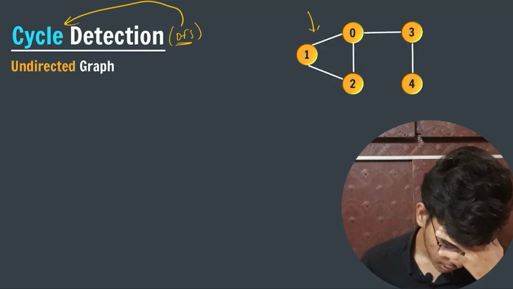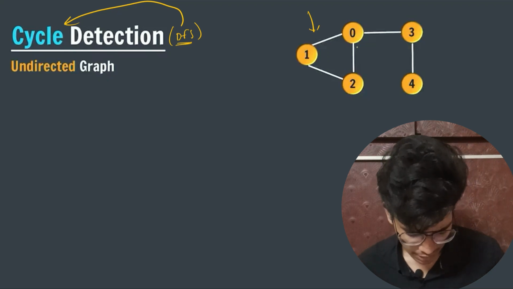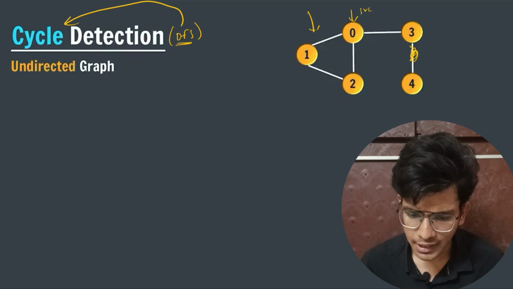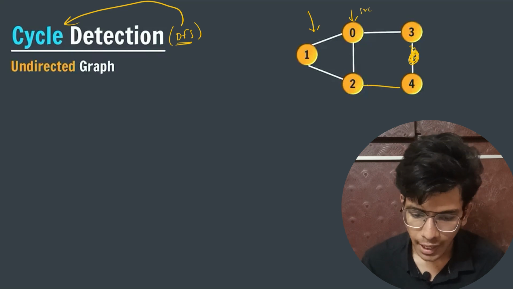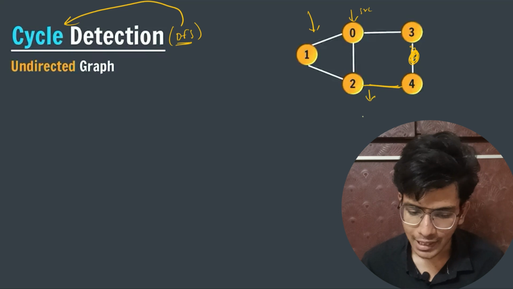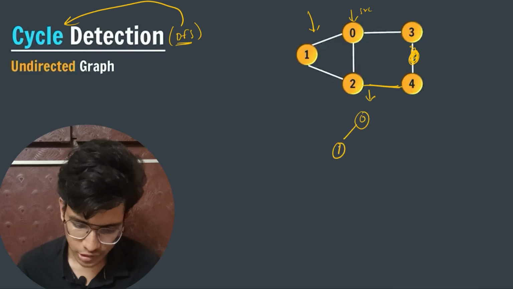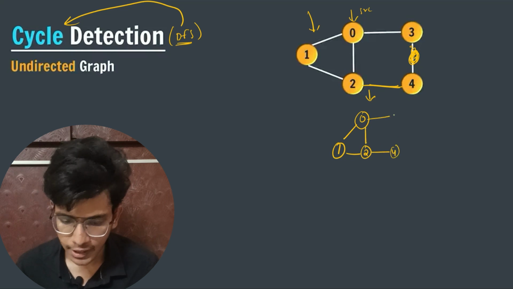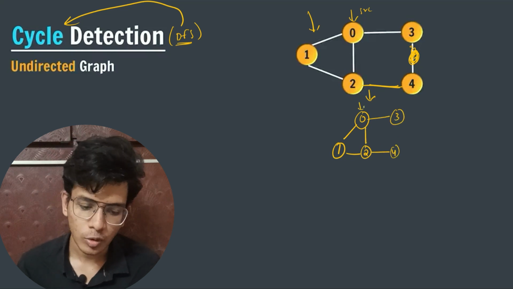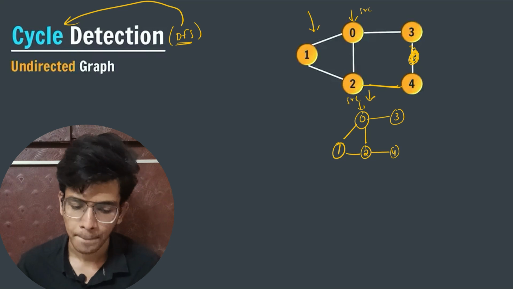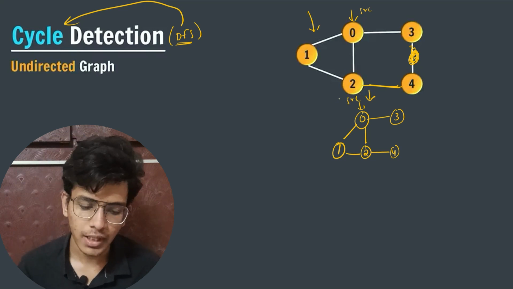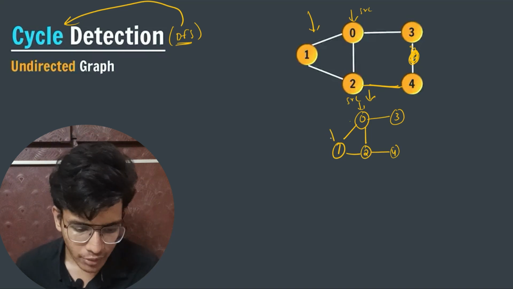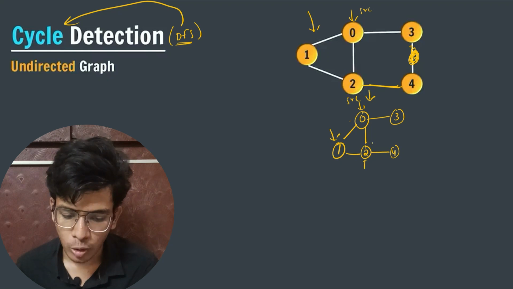Okay, so to observe, let us say this is the graph I am having and this is my source node. Actually this is the connection, so my graph looks something like this: 0 is connected to 1, 1 is connected to 2, like this. The nodes are connected to one another, right? Now this is my source node, and from the source node I am applying DFS. DFS says go to the immediate first neighbor, so I will go to 1, and after that I will go to 2.